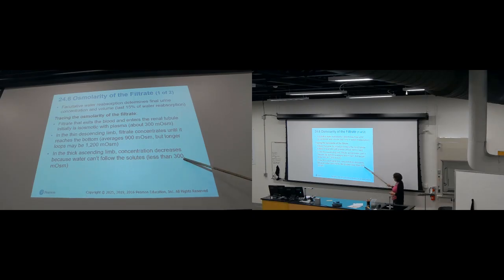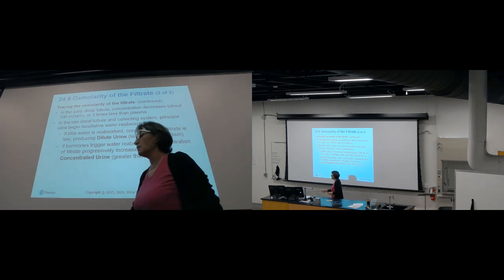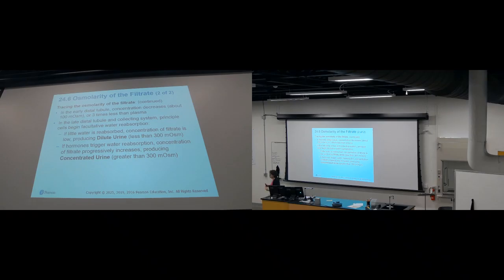You can have around 300 or sometimes a little bit less than 300 milliosmoles. And this is done because you have this exchange of water and solutes within the loop, and because you have changes in the interstitial fluid as you move all of these ions around.